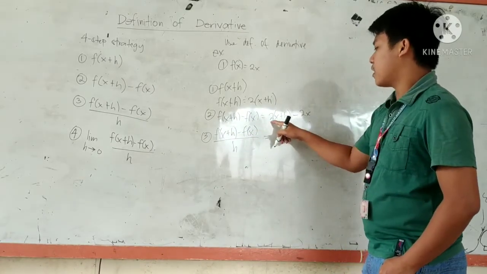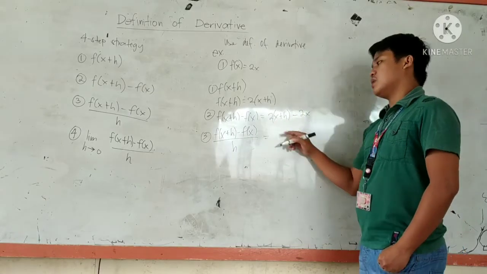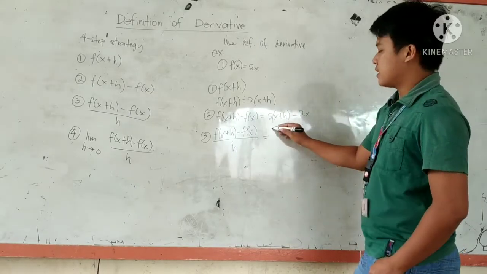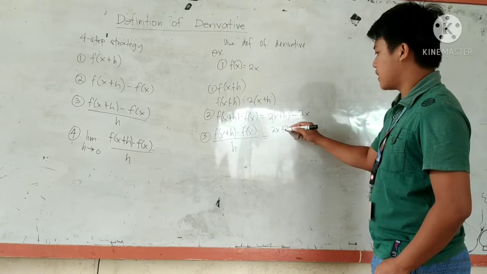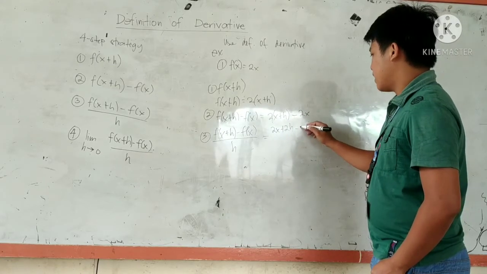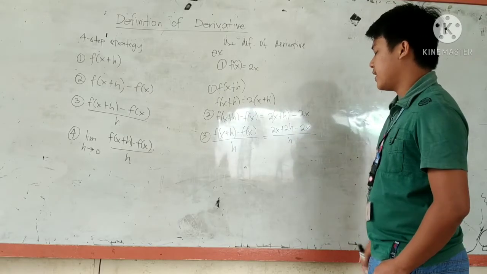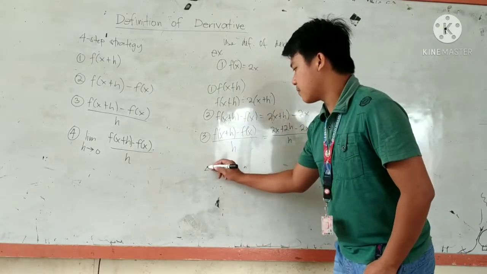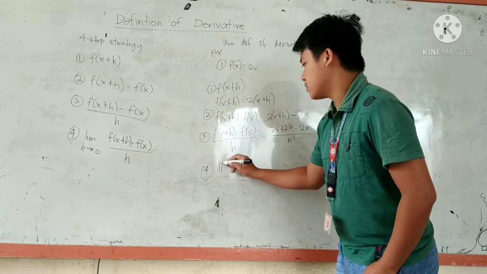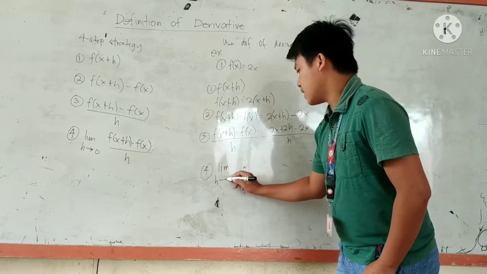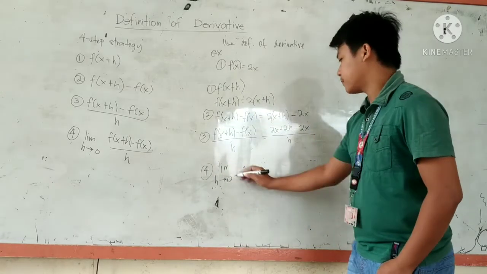We are going to distribute the 2 over x and h, so we will have 2x plus 2h minus 2x all over h. And then in the fourth step, we are going to evaluate that using our limit as h approaches 0.